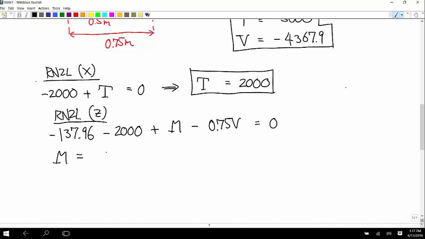So M is equal to 2137.96 plus 0.75 times negative 4367.9.